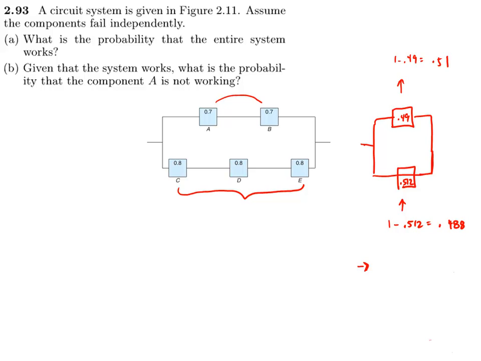Components are independent, so you can multiply 0.49 times 0.512, and that will give you 0.248. There's something wrong here.